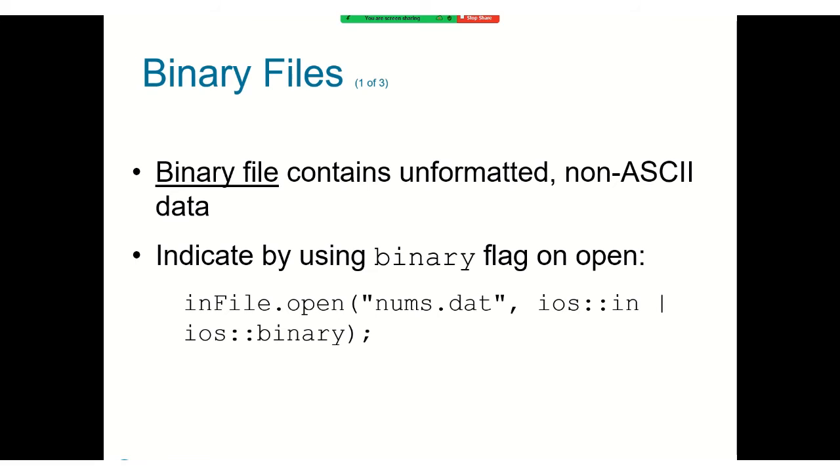You have to use ios::in and ios::binary with the pipe symbol. Whenever you use more than one mode of opening, you have to use the pipe symbol, so that way you can include multiple modes at a time.